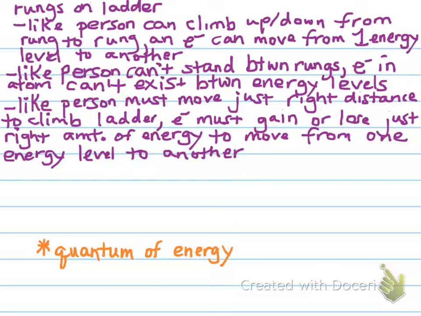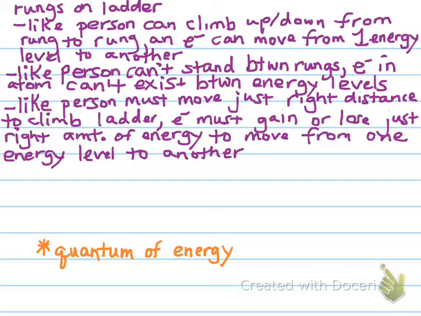So again, he really likes this ladder idea. Again, because ladder and energy levels, he sees them being very similar. He says, people, you can move up and down your ladder. Electrons can move up and down in energy levels. Just like people, you can't stop in between the rungs. An electron can't be found somewhere in between energy levels.